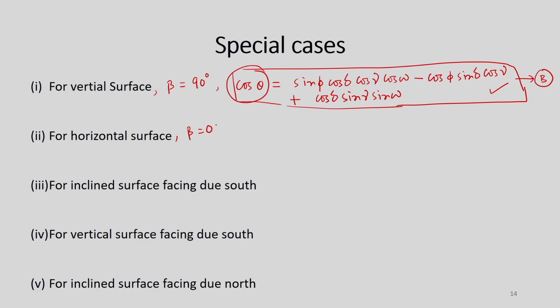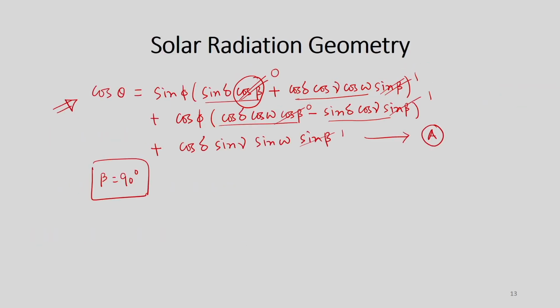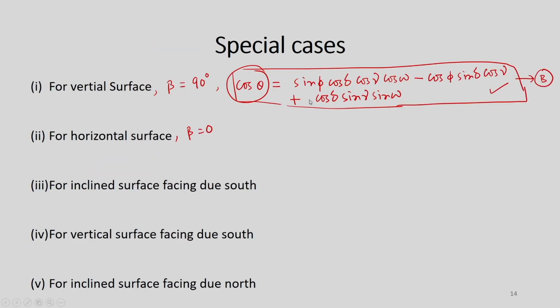And for a horizontal surface where beta is 0, again we can substitute the value beta is 0. So, beta is 0 means here it will be 1, cos 0 is 1, then this part will be 0, this part will be 0 again, then this part will be 0, this part will be 0, and this part will be 1. So, if we simplify, then what expression will we get?